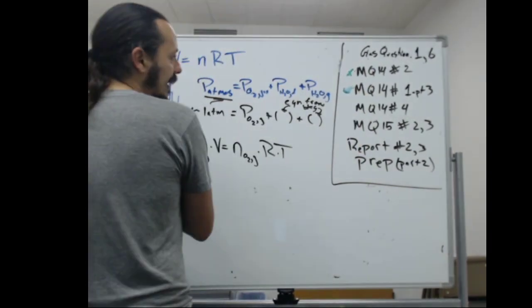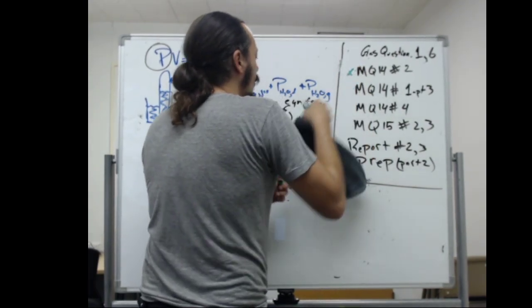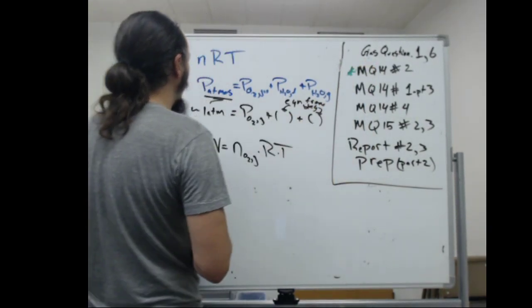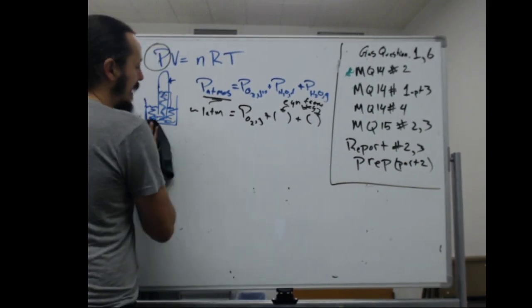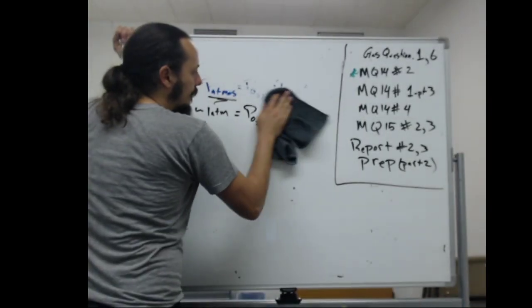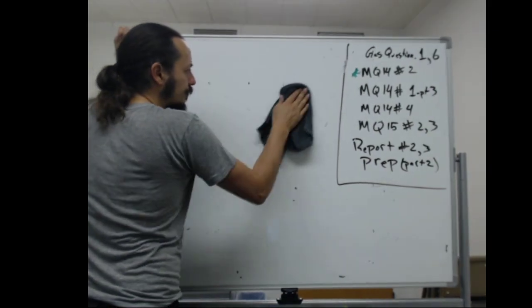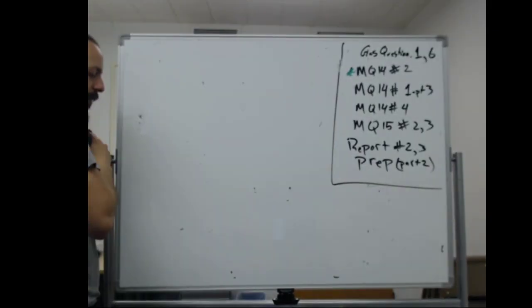So that's what we're going to look at next, is once we've got this amount of gas and this pressure of gas, how do we use that information to actually get at some numerical values that are useful?